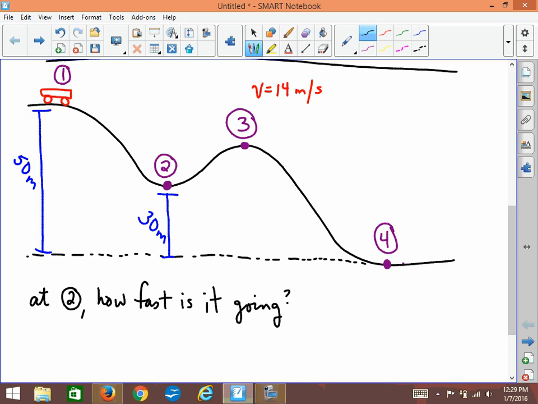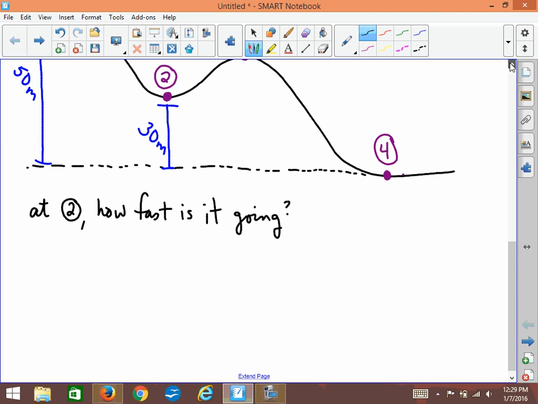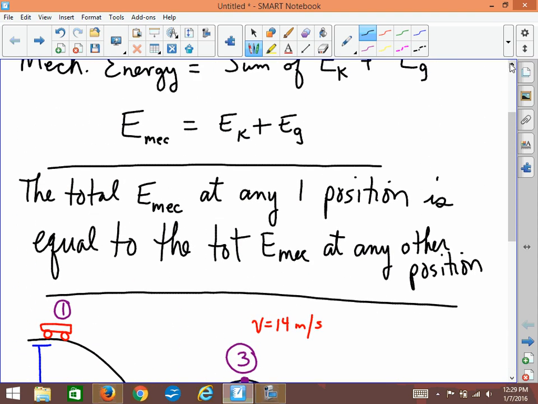The way we do it is by using this mathematical sentence up here, that the total mechanical energy at any one position is equal to the total mechanical energy at any other position. And remember that mechanical energy is EK plus EG.